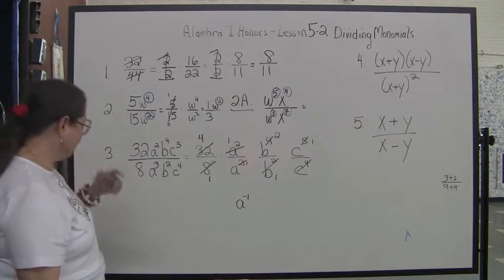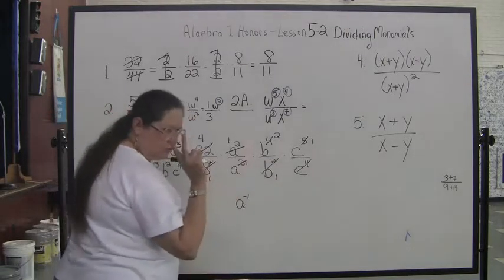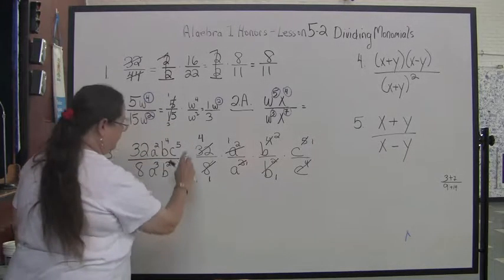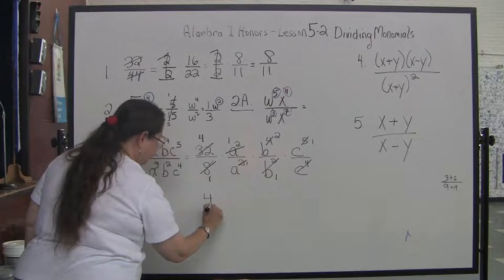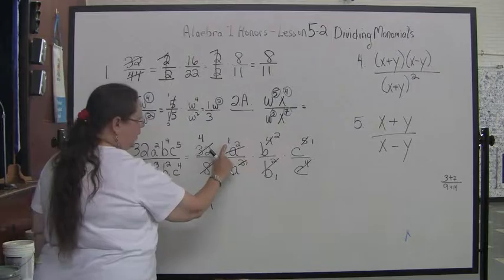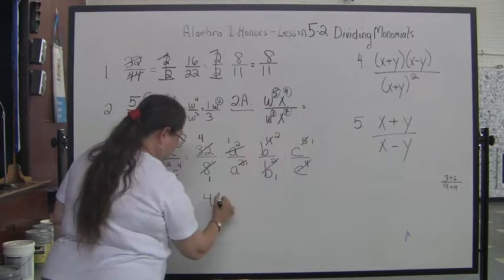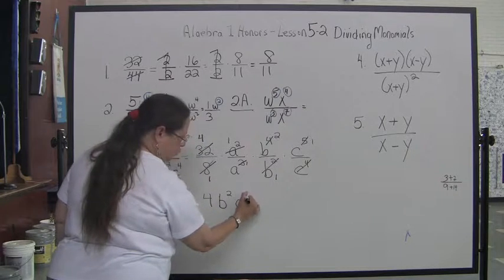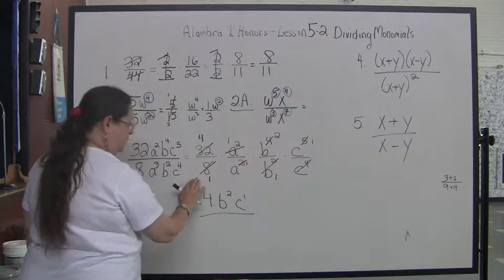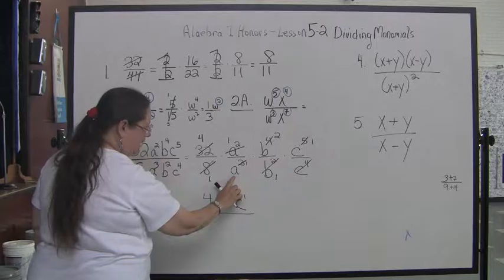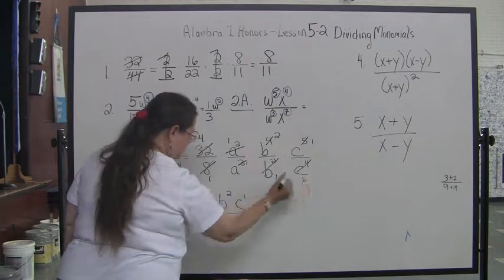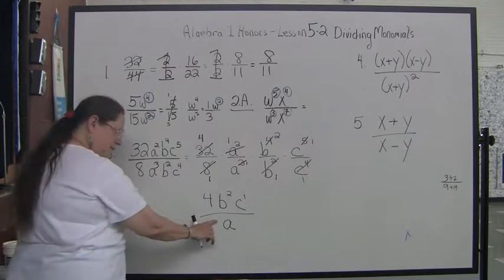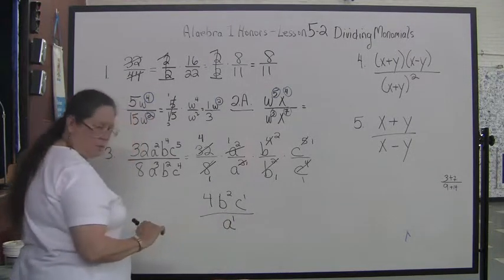Okay, so my final answer, I can write 2 different ways. My final answer is going to be 4, let's see, 4 times 1 times b squared times c, and I can put the 1 or not. And then on the bottom, 1 times a, and these have all canceled. Okay, that's one way to write it. Or I could take this little guy, his exponent's really a 1.